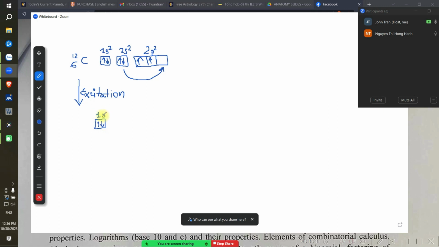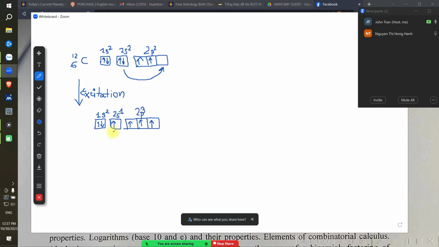So the 1s is still the same, nothing happened. But then the 2s, one electron will go away. So finally you have one here, and another one here. So it becomes 2p3.